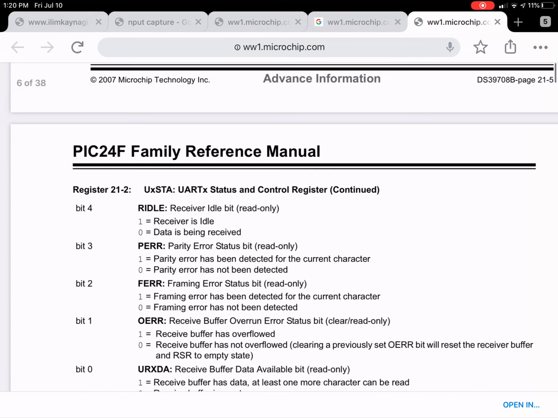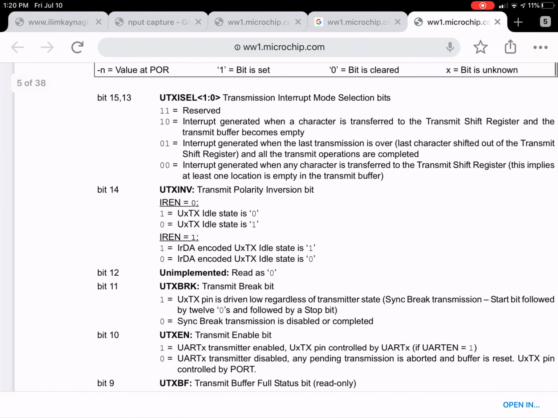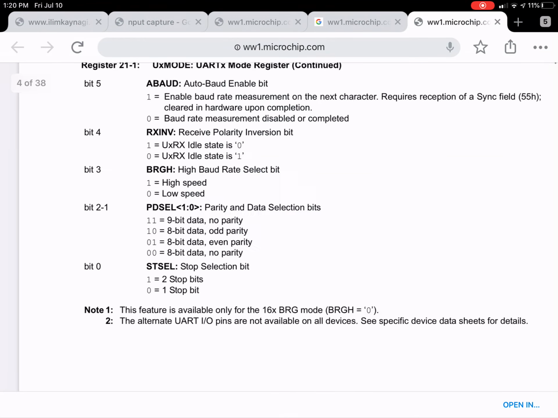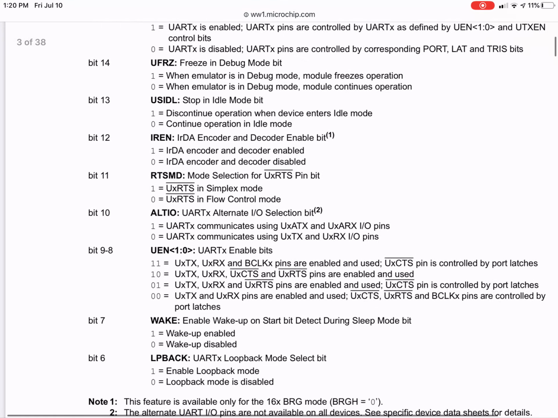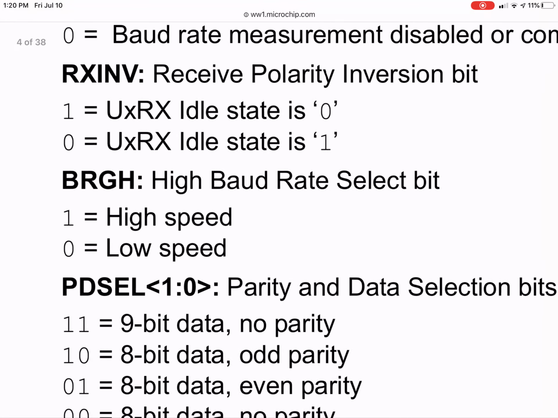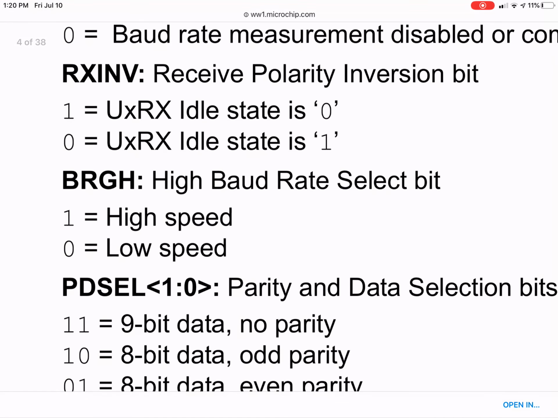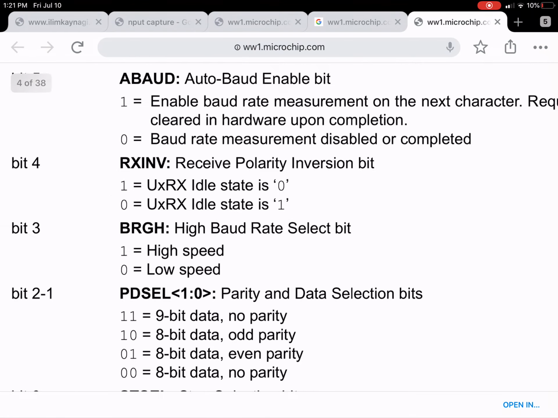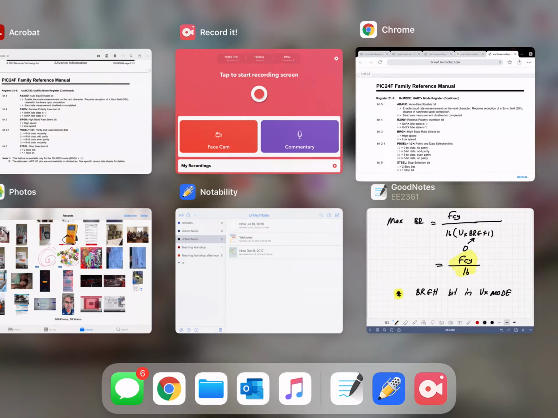Yeah, so that's not the one, this one. So BRGH, this one is basically a high baud rate select bit. If you select 1, it's going to be in the high speed mode. If you set it to 0, then it's going to be low speed mode.